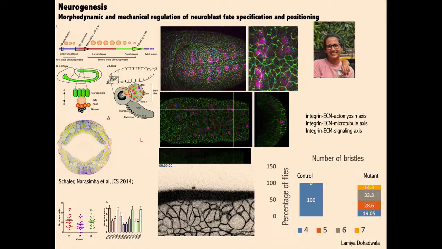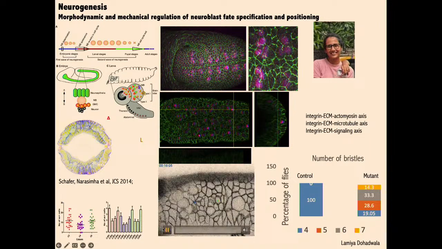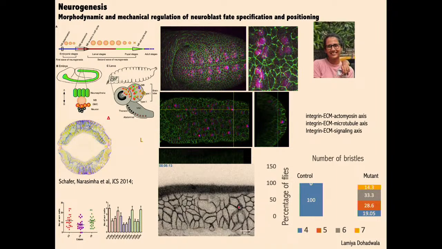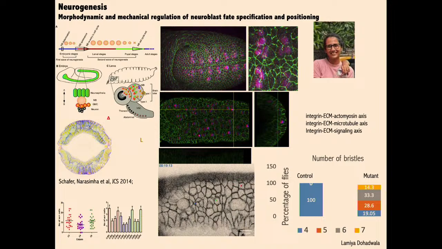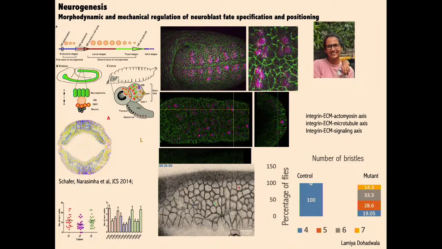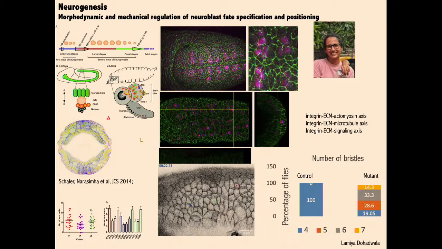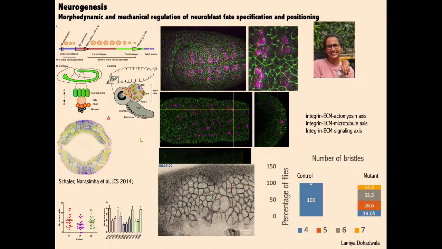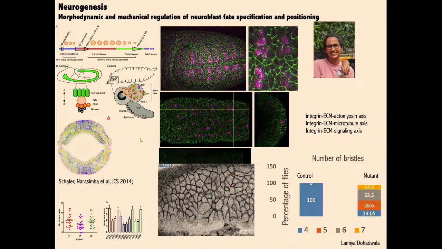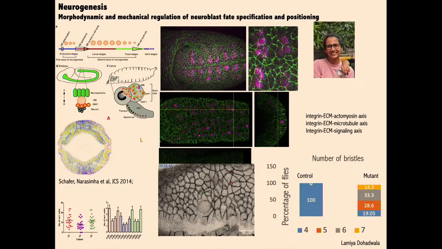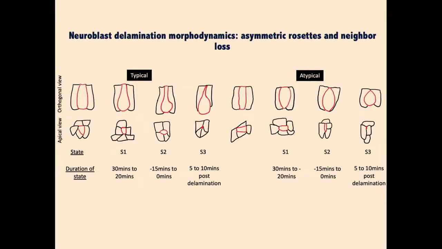And in fact, it's the way the nervous system forms in the fly, except that the kind of rosette that forms when cells in the nervous system delaminate does not actually look as symmetric as the rosettes you see in the amnioserosa. So if I have to just show you a schematic, these rosettes look a little bit like that.